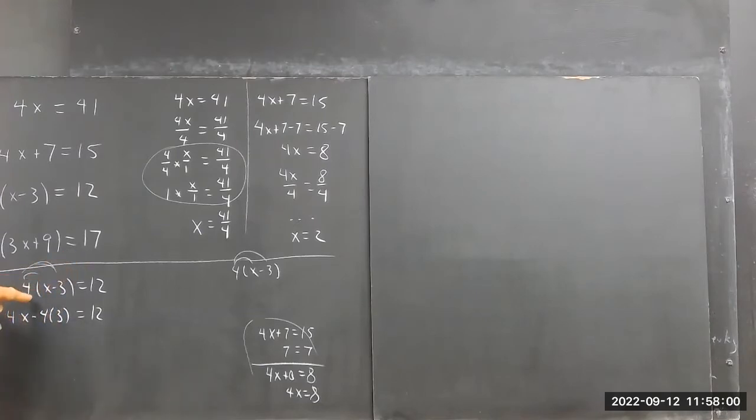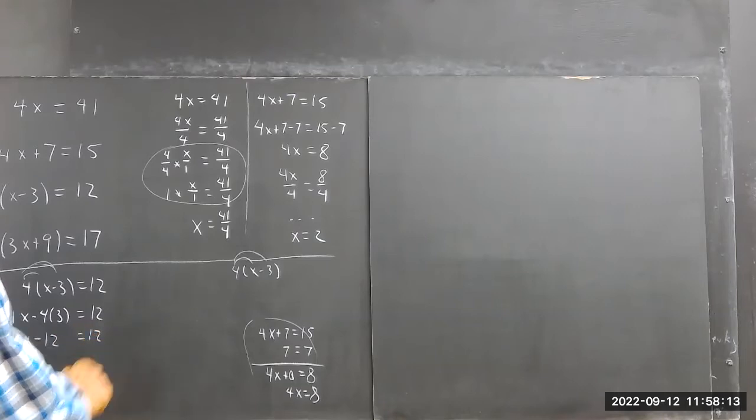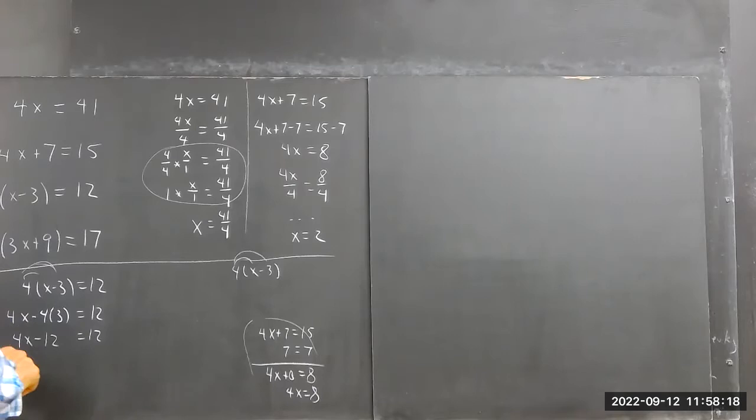So if you do this, always remember why and write it out for now. So it's 4 times x minus 4 times 3. That's going to be 4x minus 12 equals 12. Then you add 12 to both sides.